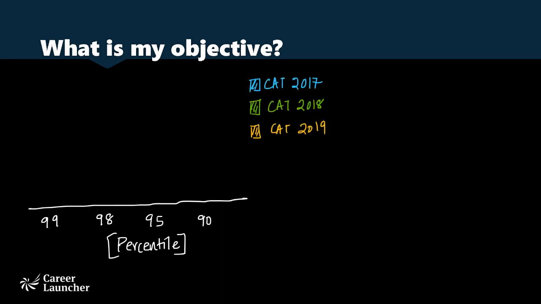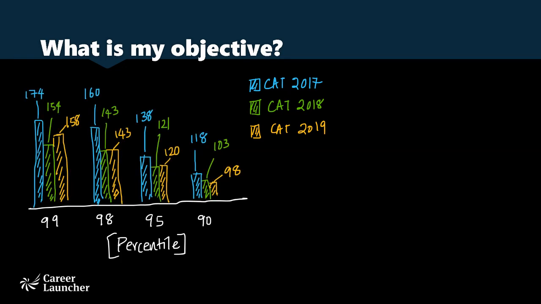Now, a good way is to look at the CAT 2017, CAT 2018, CAT 2019 data to get some sense of what could be the score that I'm aiming at. And this is the data. You see that across percentiles, in CAT 2017 the score was slightly higher, which would mean that paper was slightly easier than the other 2 tests. But I think that this will still give some sense.